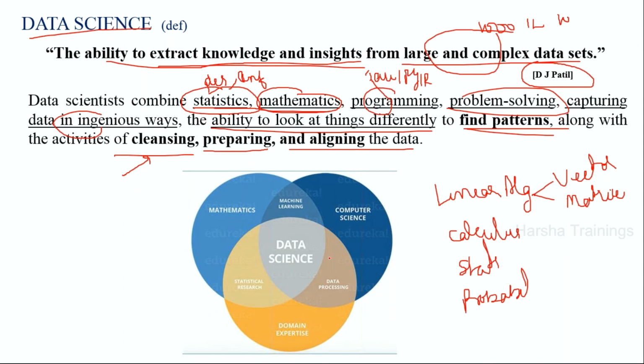If you want to become a data scientist, you should be good in mathematics, such as linear algebra, calculus, statistics, probability, and statistical research. You should have basic knowledge of databases like Oracle, SQL, Ingres, and you should know machine learning. You should have basic knowledge of computer programming, and the most important thing is domain knowledge.